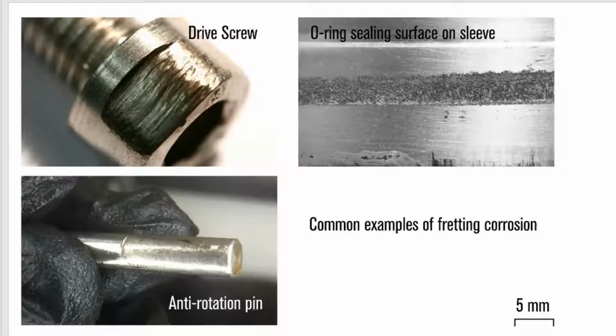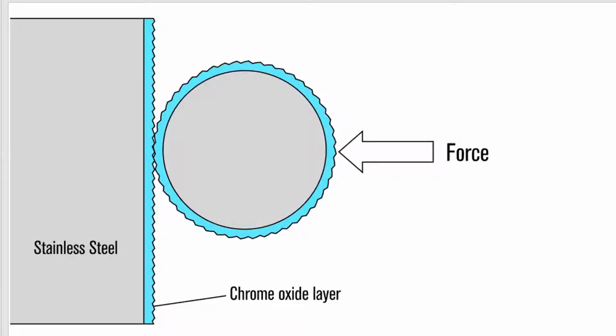So let's dig into this a little bit more. Now, before I talk about this slide, the reason it's called corrosion fretting is that it truly is corrosion. And it starts off as a mechanical problem. It ends up as a corrosion problem.